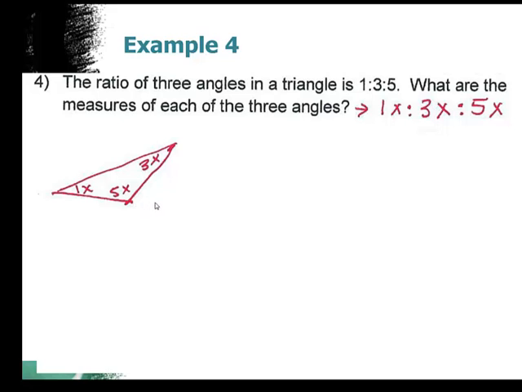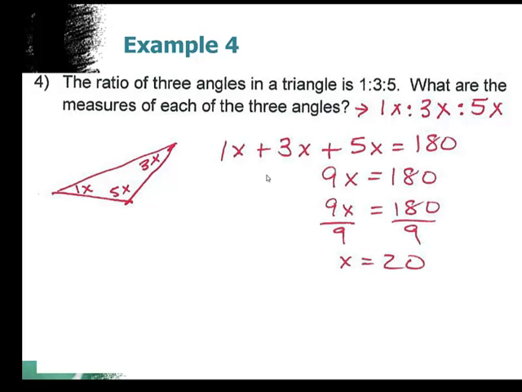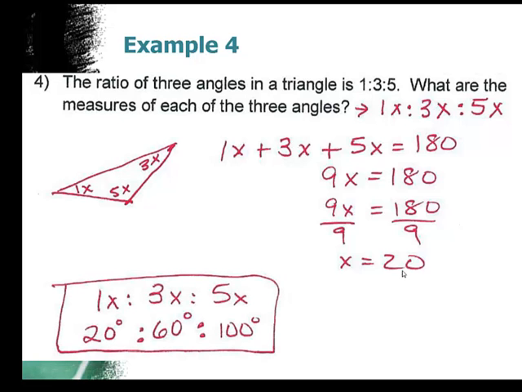And so I drew a triangle, and I know that all the angles in a triangle have to add up to 180. So I set up my equation, 1x plus 3x plus 5x equals 180, which means 9x's equals 180. And you can probably see that, oh, okay, x has to be 20.